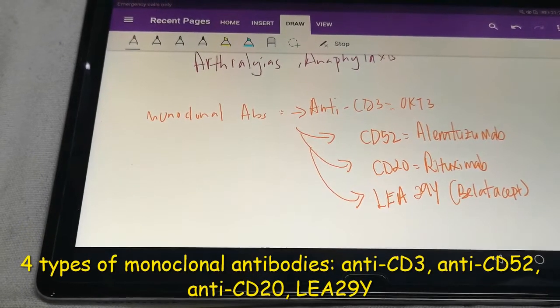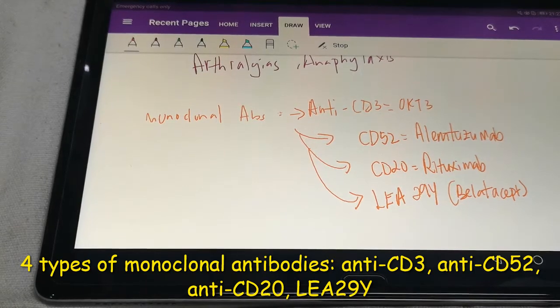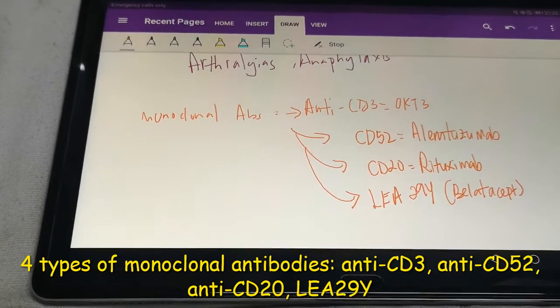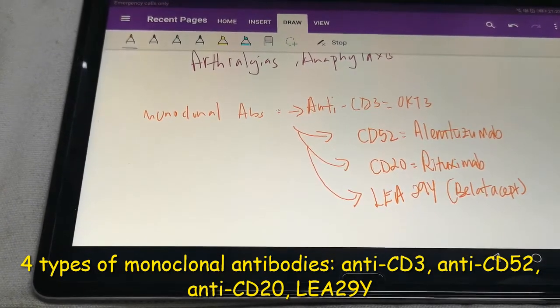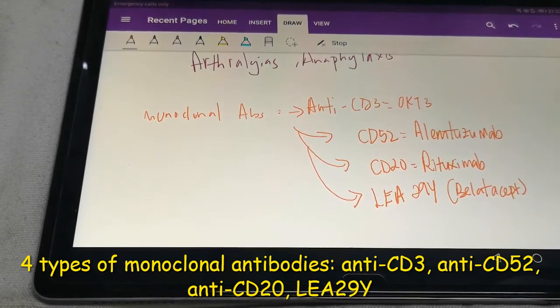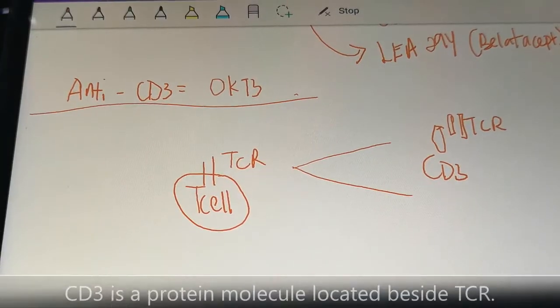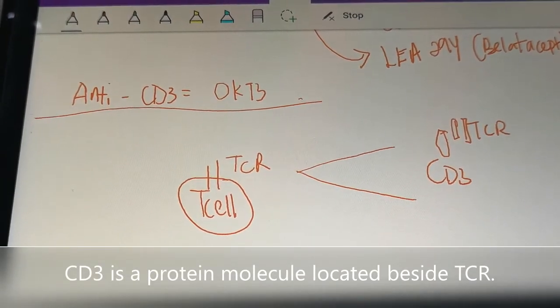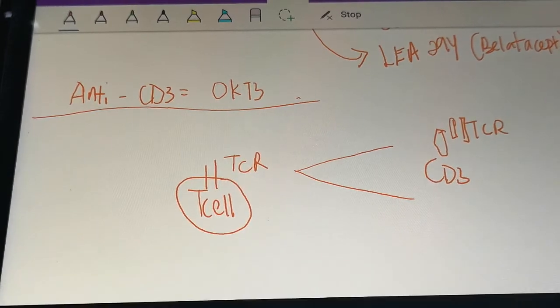There are four types of monoclonal antibody, which are anti-CD3, anti-CD52, anti-CD20, and LEA29Y. CD3 is a protein molecule located beside the TCR.